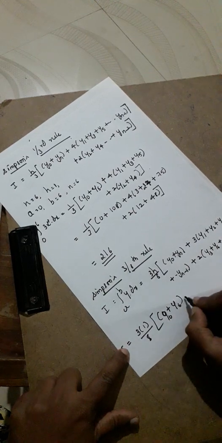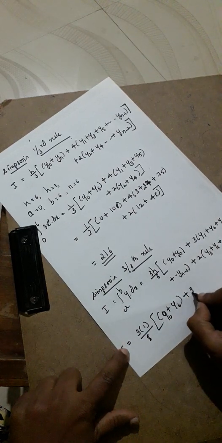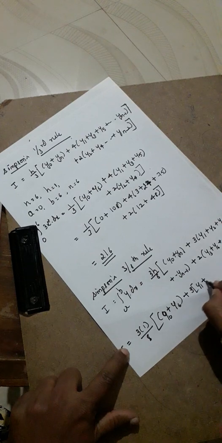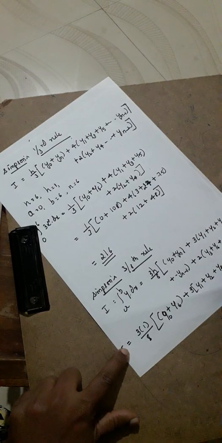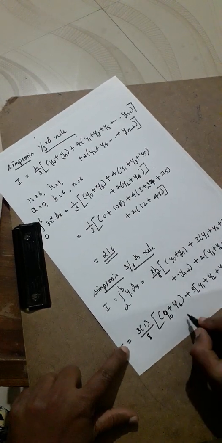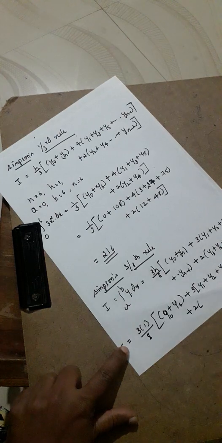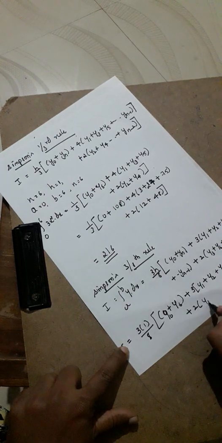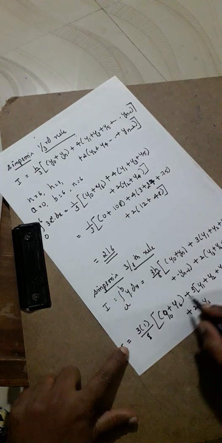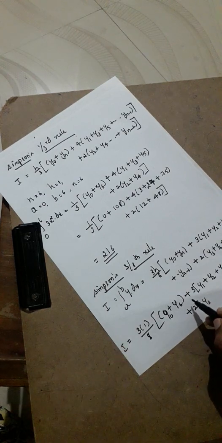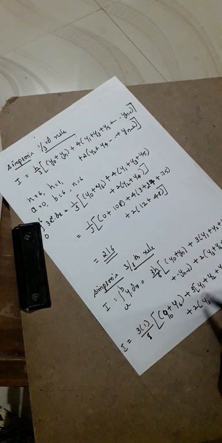It will be y0 plus y6 plus 3 times of y1, y2, y4 and also y5. Close the bracket. Plus now 2 times of y3, and we don't write y6, because we already used y6. That means we use the y values only one time. So 2 times of y3.